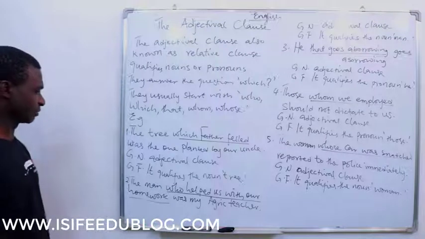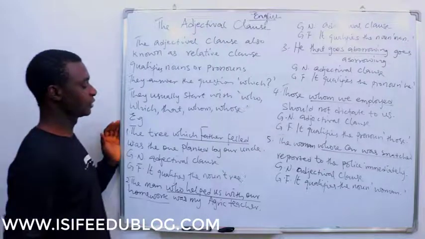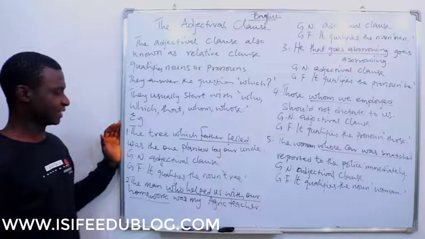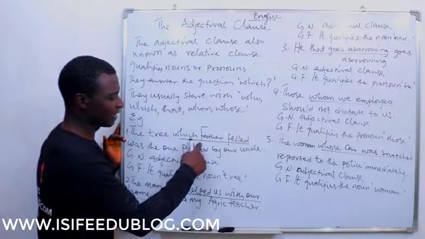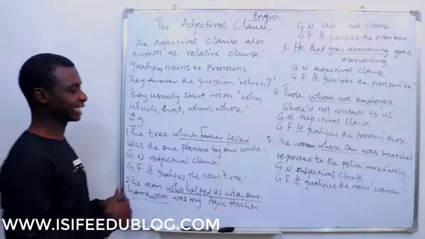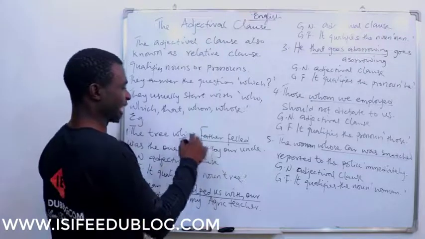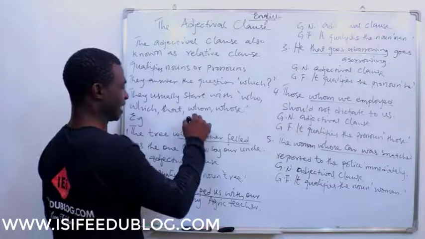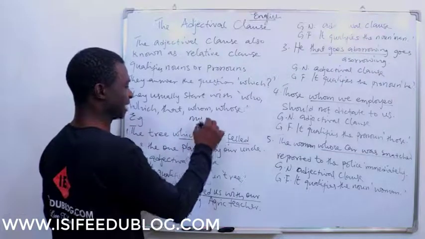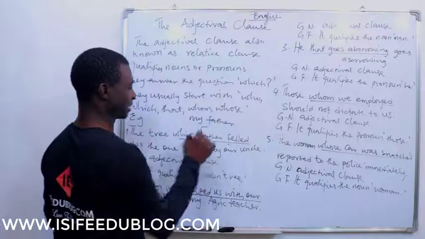Here are examples. The tree which Father felled. Take note. I wrote Father like this because I did not add any modifier like my. If I had used my, father would have started with a small letter.